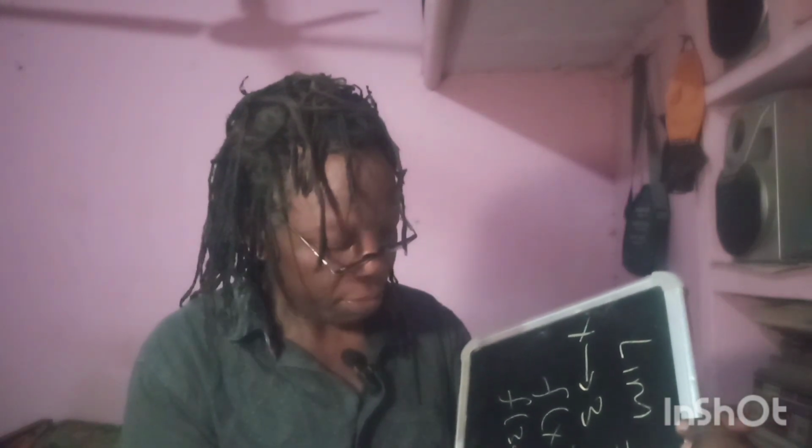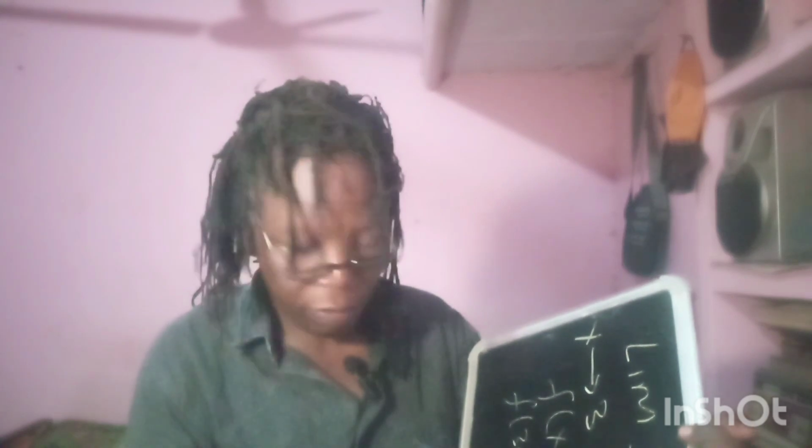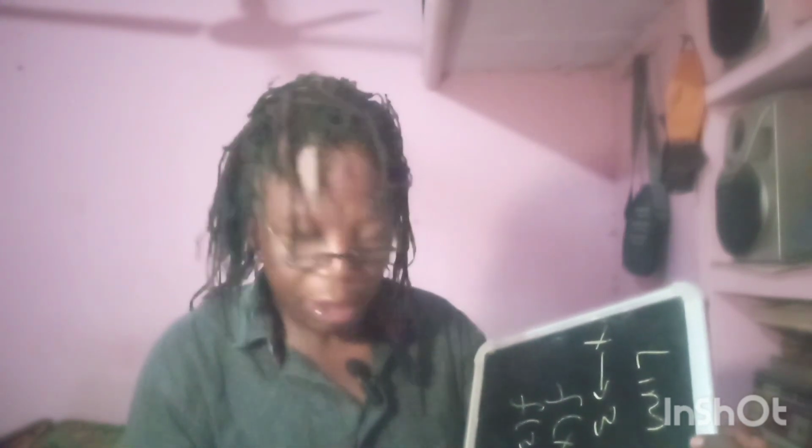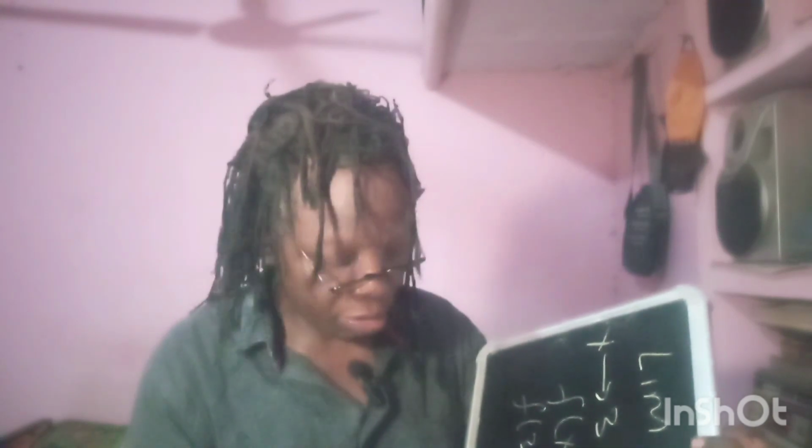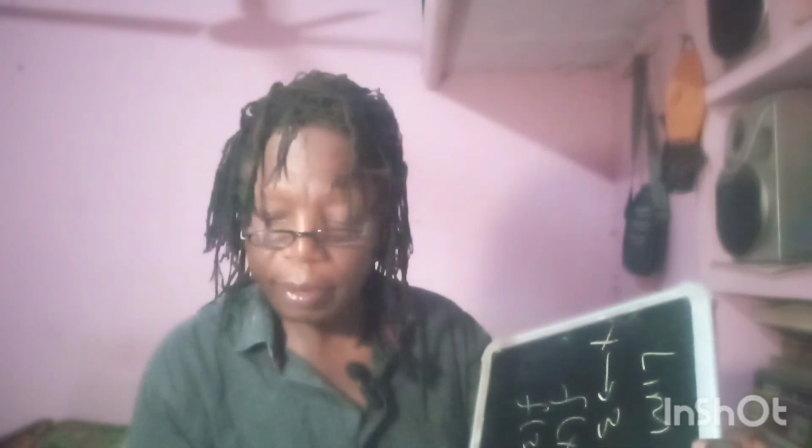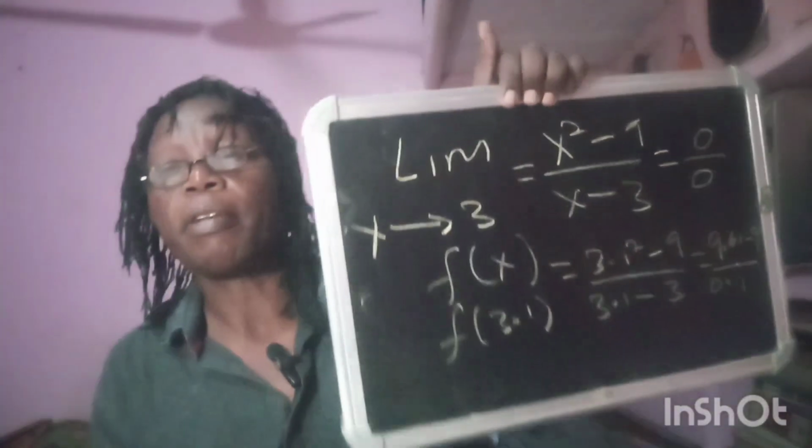We're going to get 3.1 squared minus 9 over 3.1 minus 3. There are people washing things outside, so don't mind the noises. It will give you 9.61 minus 9 over 0.1. I've already calculated it.